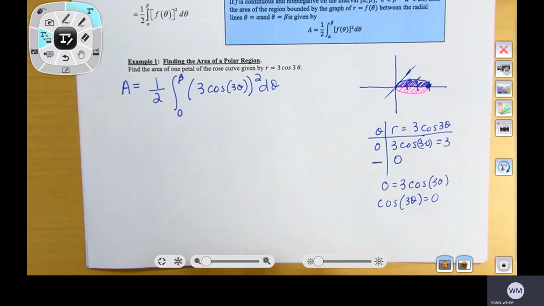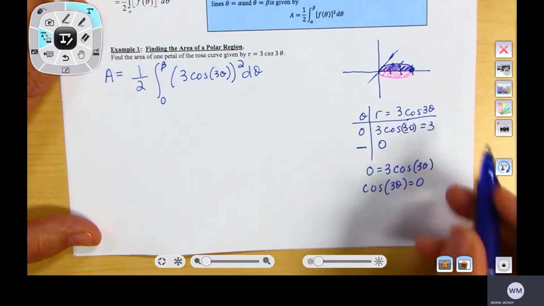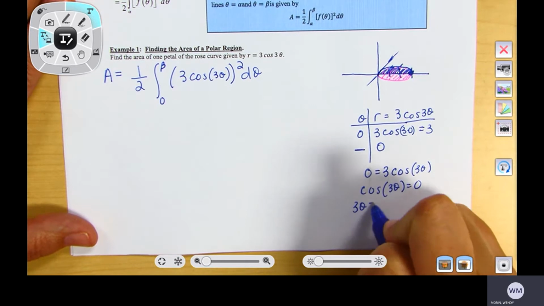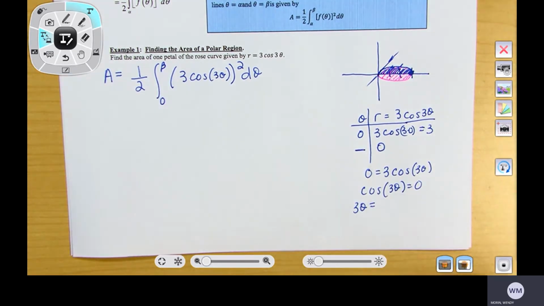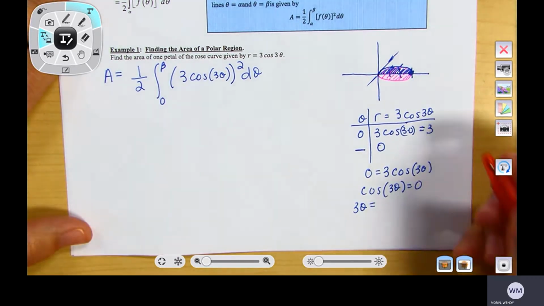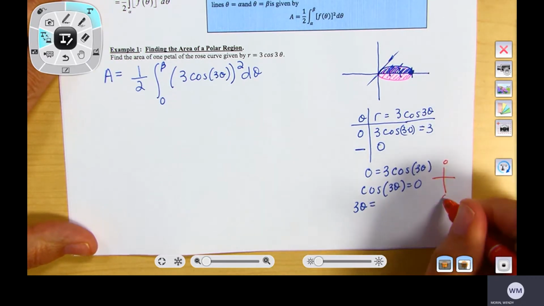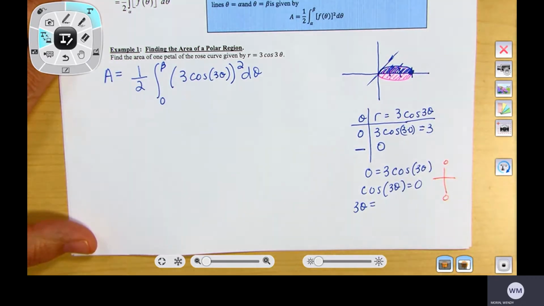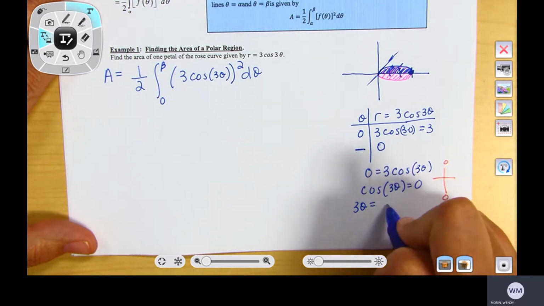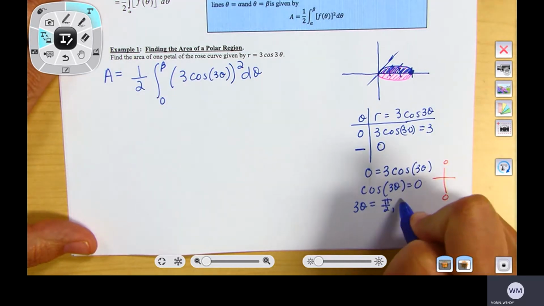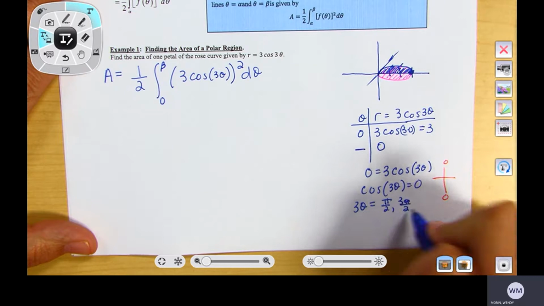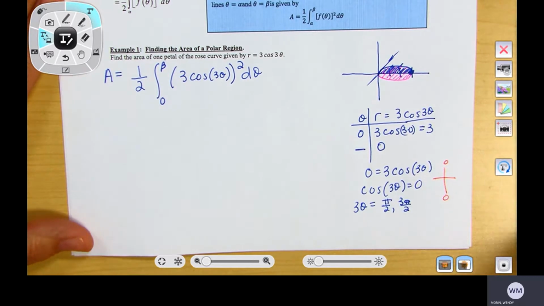And if we go back to our solving trig equations with a triple angle, whose angle has a cosine of 0? Well, if you remember our little trick, your angle is going to be at pi over 2 and at 3 pi over 2. That's the angle when we get back to the pole.